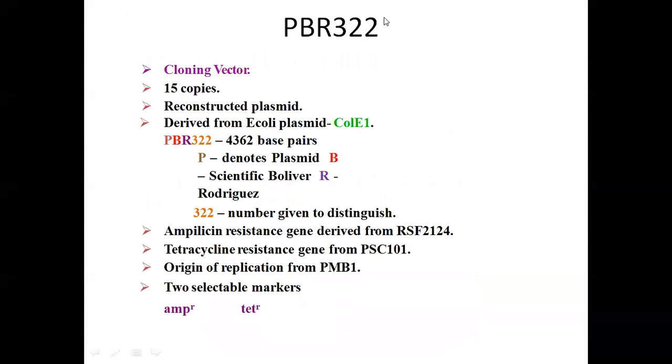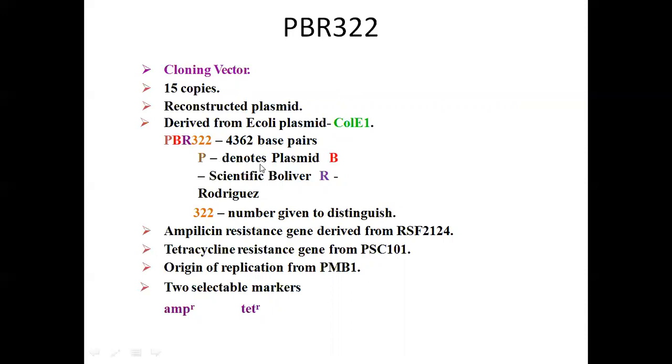Now a little bit about pBR322, as it is a very important plasmid vector. It is a cloning vector and a constructed plasmid, derived from an E. coli plasmid, and its length is 4362 base pairs.